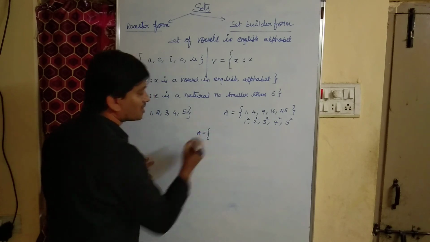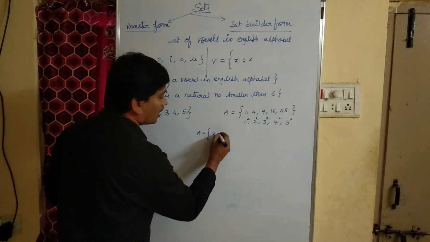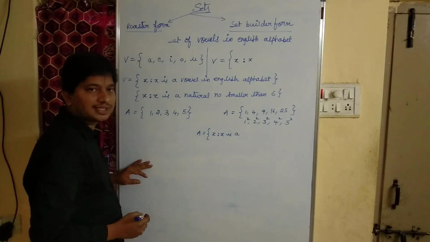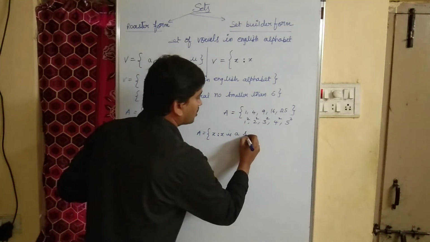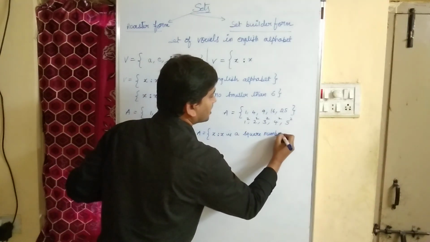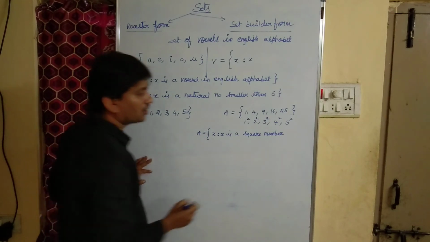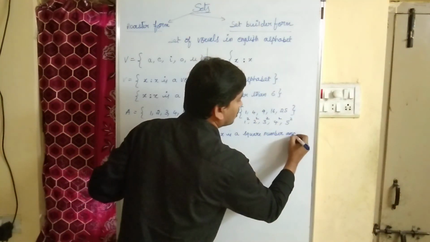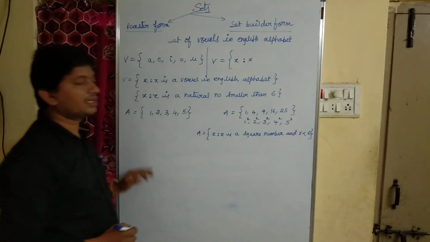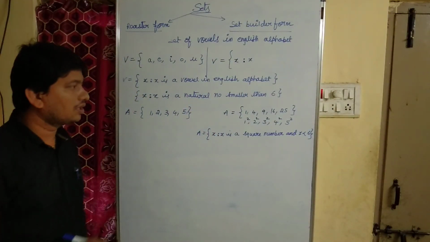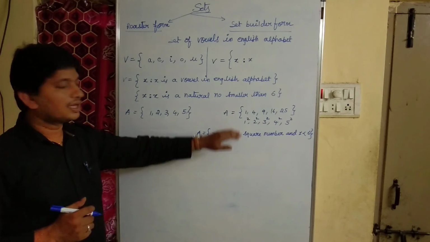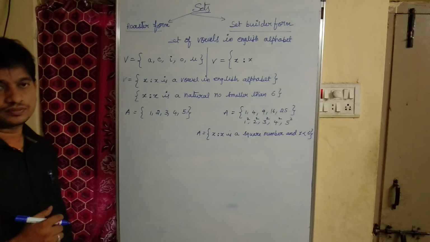So I can write A equal to x such that x is a square number and x is less than 6. In this way we can represent a given set in set builder form.